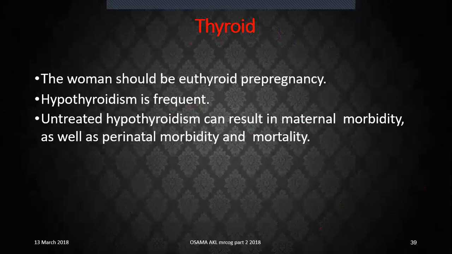While after the first trimester, the fetus doesn't need maternal T3 and T4 because its thyroid gland now is able to manufacture its own T3 and T4. Just the baby needs iodine from the mother. Iodine. While there is no need for T3 and T4 of the mother after the first trimester.